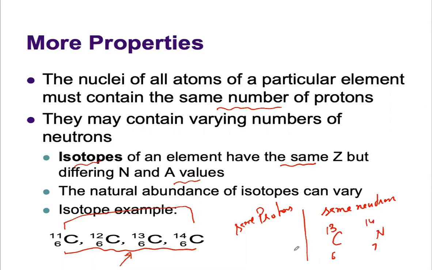Similarly, you can find out the isobars. I will write it here. So what are isobars? Those nuclei having the same mass number. For example, 6,14 and 7,14. These two are isobars having the same mass number.